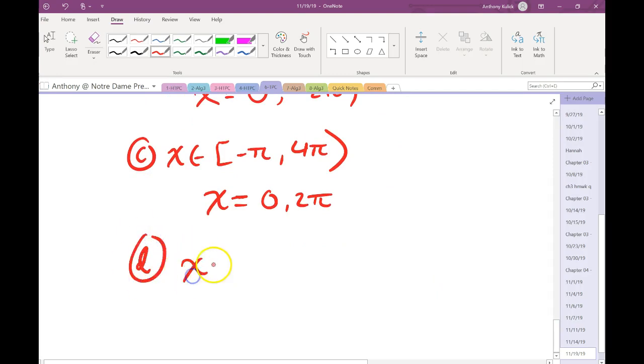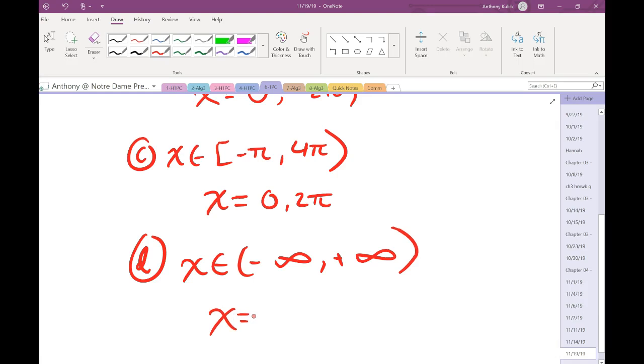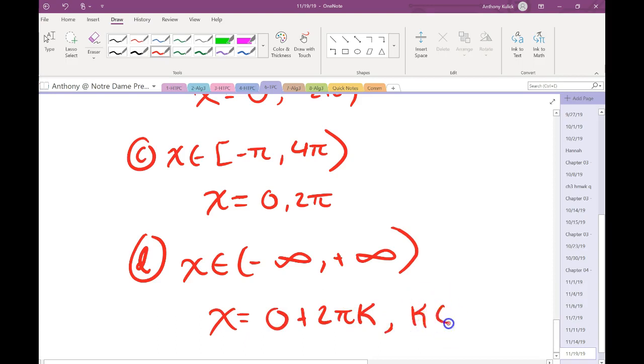And then part D, what are we going to write here? Zero plus 2 pi k. And what is k?